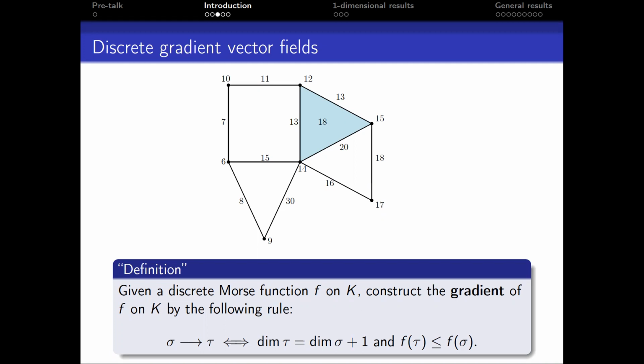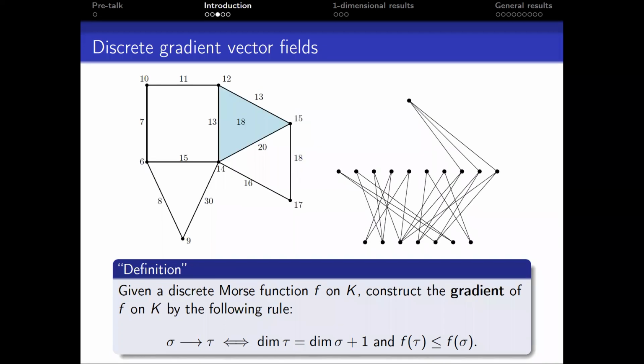Now, you can construct a gradient of a discrete Morse function on a simplicial set. You are changing a face, so there is a condition on the dimension, and you are decreasing the value. If you are in a graph, you are going down to a sink, so that will give you the direction of the arrows. So here is a systematic way to construct what topologists call the Morse complex.